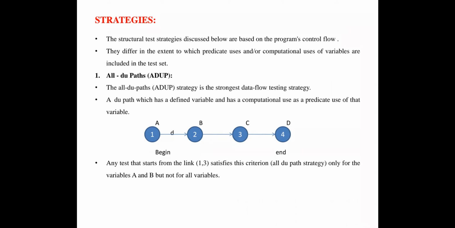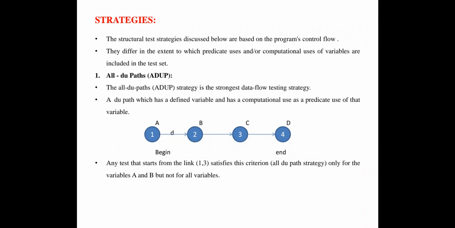They differ in the extent to which predicate uses or computation uses of variables are included in the testing. Why do we go for the strategies? They check whether the predicate use and computation use are performed correctly. Predicate use is nothing but a loop, and computation use is nothing but an assignment operation. We check whether these operations or loops are done correctly using the different strategies. Based on these predicate and computation uses, we will test the sets.